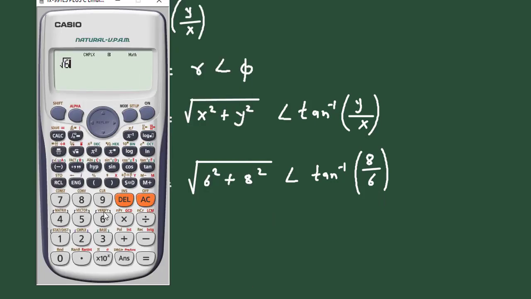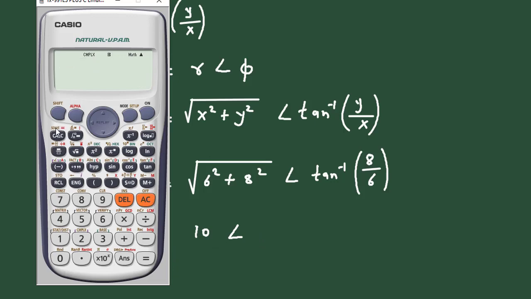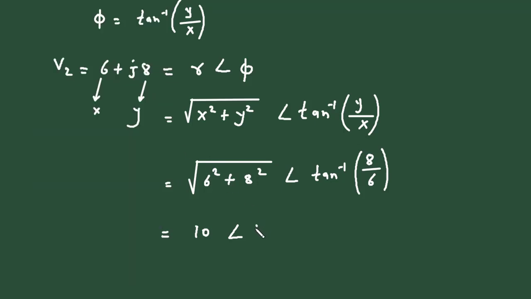So under root of 6 square plus 8 square, it is equal to 10. 10 at an angle tan inverse of 8 by 6. So it is 53.13 degree. So this is the value of V2 in polar form.